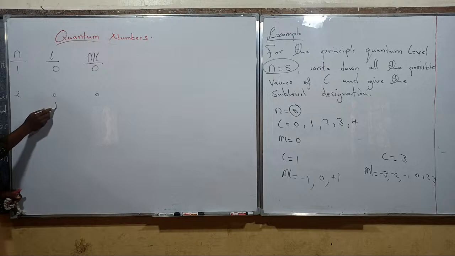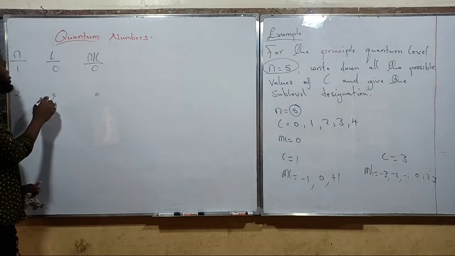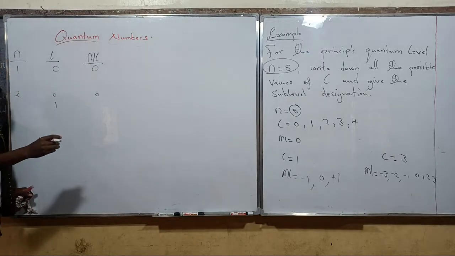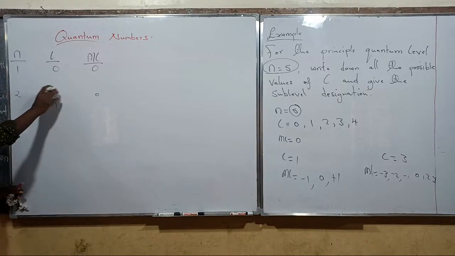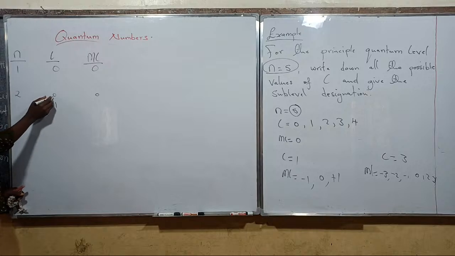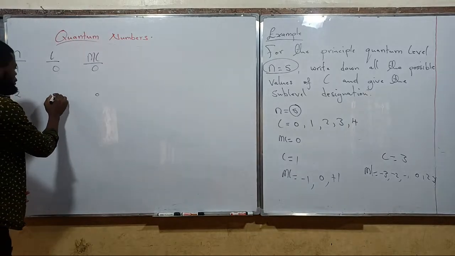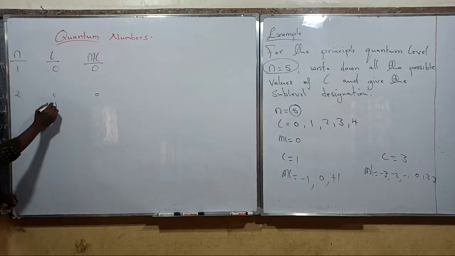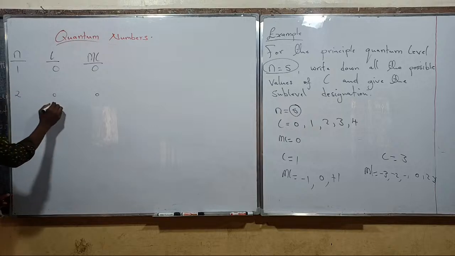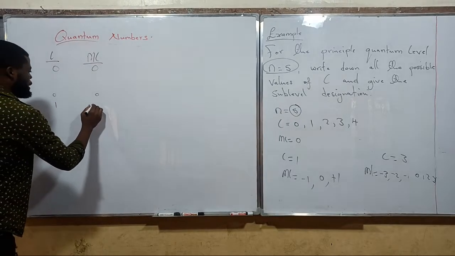So 0 and 1. Then what happens to the values of ML? Since ML represents all the positive and negative values of L, if L is 0, ML is also going to be 0. If L is 1, ML is going to be negative 1.